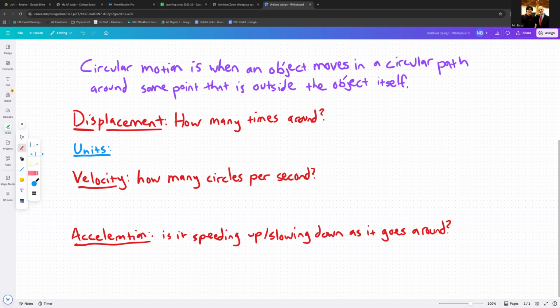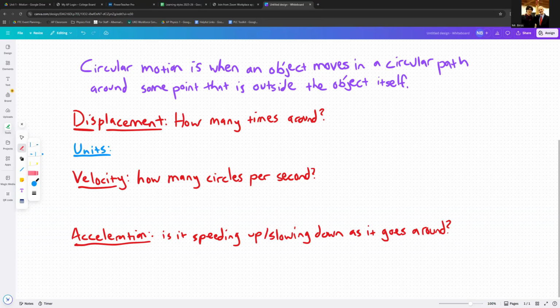Instead of degrees, we'll use radians, because degrees and radians both just help you understand or describe how far around a circle have we gone. 2 pi radians is 360. That's one full time around a circle. Hopefully you've seen this in some math classes where degrees and radians both can be used.